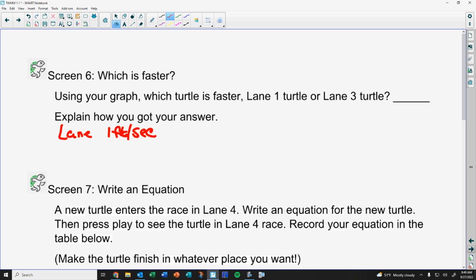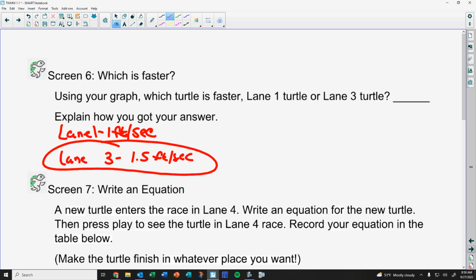What about turtle 3? When you did the simulation, it's going by 1.5 feet per second. So actually, turtle 1 finishes first, but lane 3 is faster. Turtle 1 just had a head start. Probably too much of a head start. So if we write an equation, now this is where it kind of stumped a few people when you saw it.